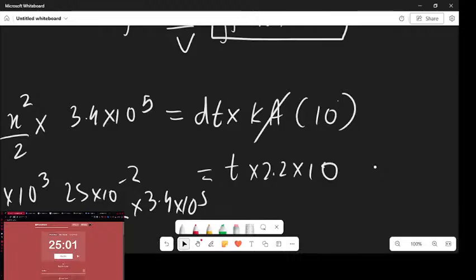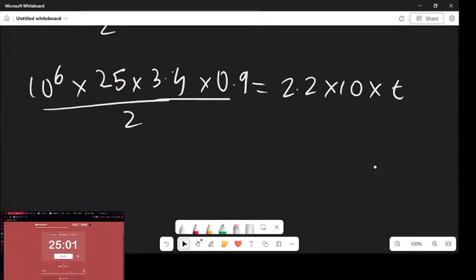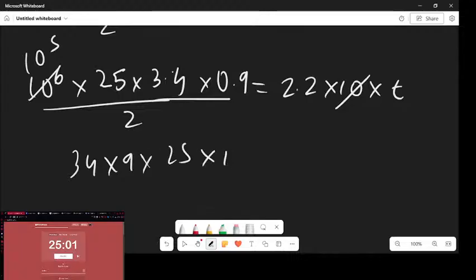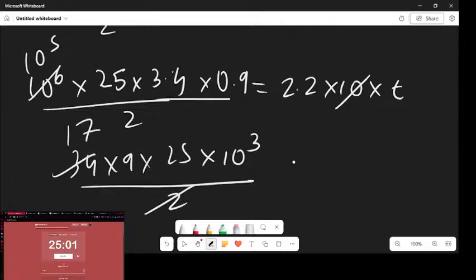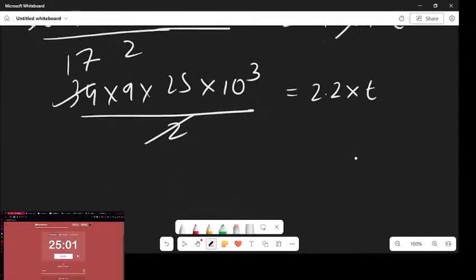K into the change in temperature. 10 to the power 5, and 34 into 9 into 25 is equal to 10 to the power 3 divided by, and this 17, this is going to be 2.2 into T. This answer is going to be in decimal though. 17 into 9.